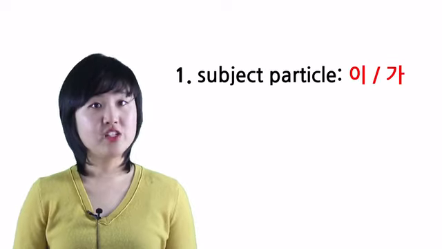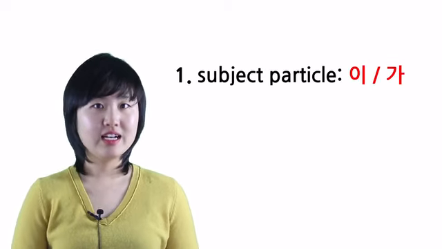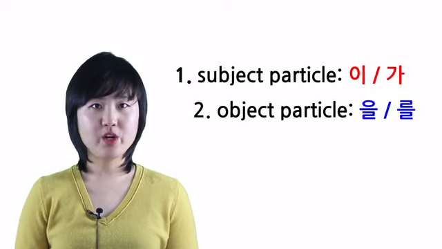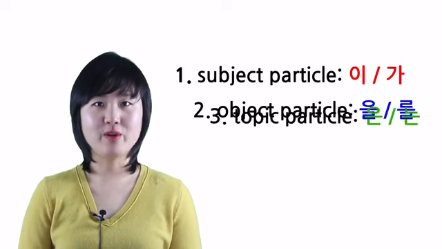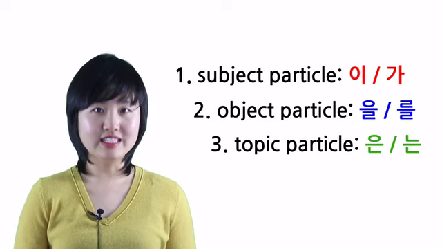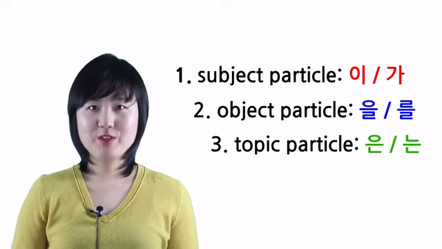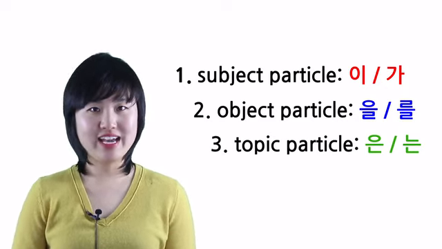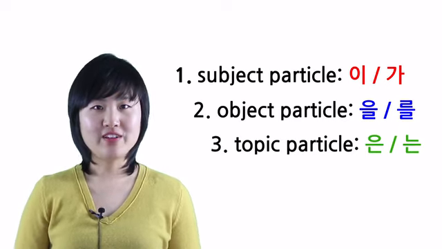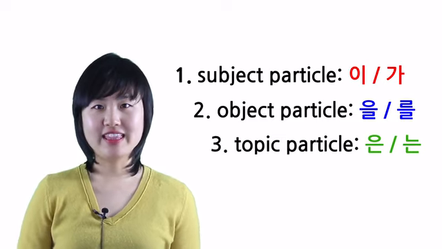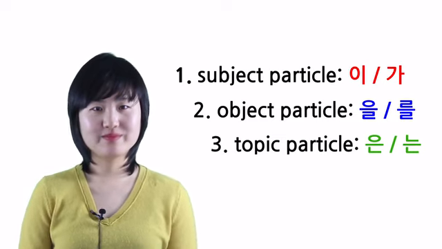We talked about 3 different particles: subject particles, 이, 가, object particles, 을, 를, and topic particles, 은, 는. Be sure to memorize each pair together and know the rule that you're going to use to pick the letter that has 이응 when there is a final consonant in the last letter of the noun.